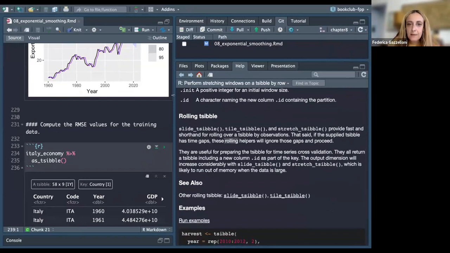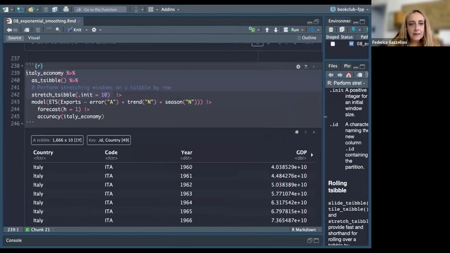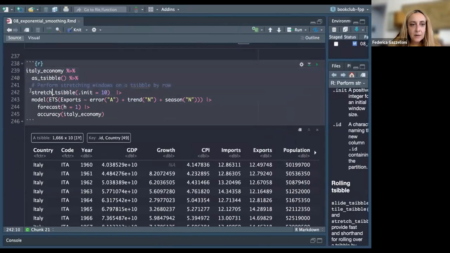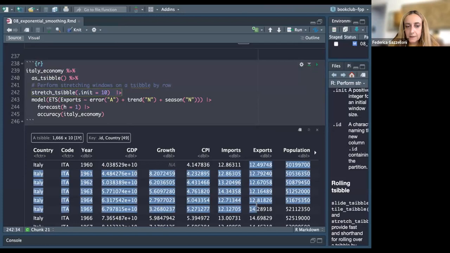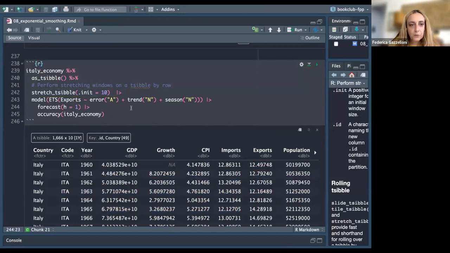Because if you run these things without this stretching function, you have gaps. So it makes sure that all the observations are full.